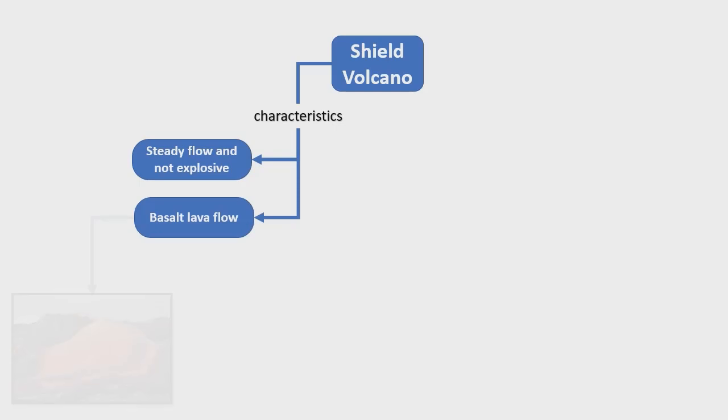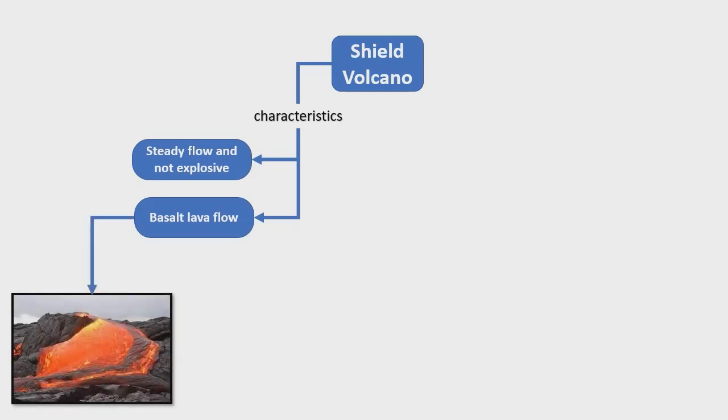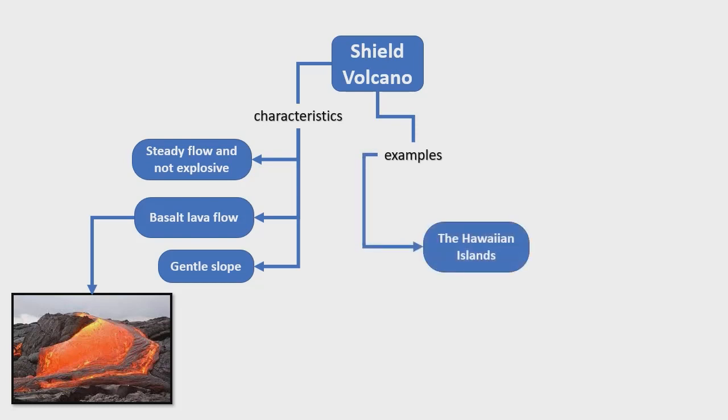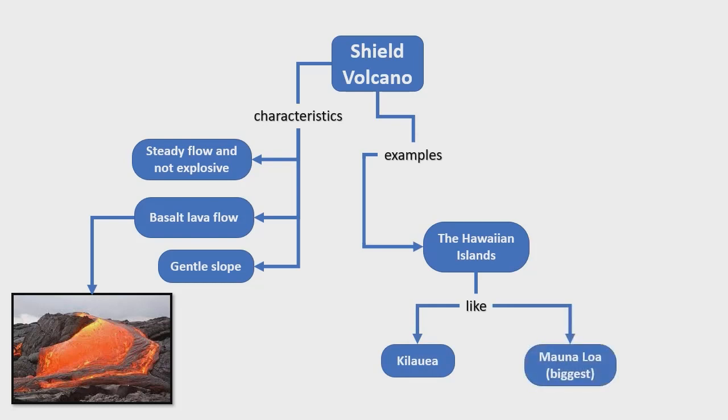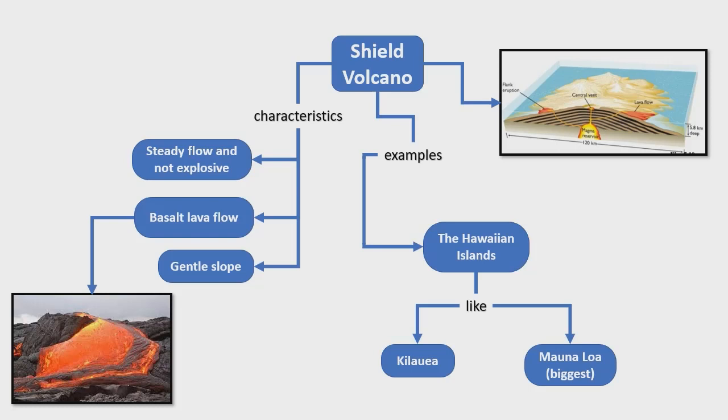It has basalt lava flow, such as the one illustrated here, and a gentle slope, since it produces the shape of a shield, unlike those high-steeped volcanoes. An example of a shield volcano is the Hawaiian Islands. We have Kilauea, and the biggest is Mauna Loa. So this is how a shield volcano looks like.